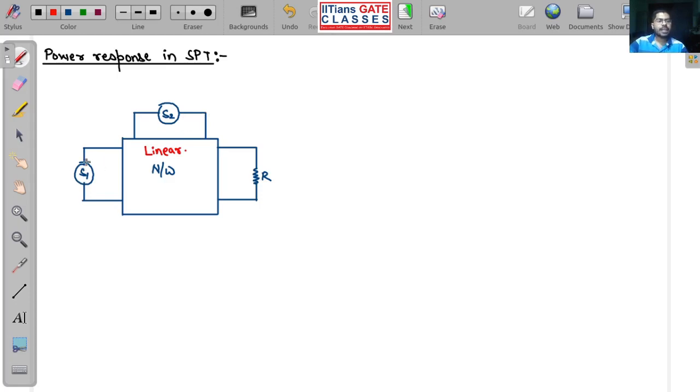Suppose due to the source S1, the current flowing here is I1, individually. Now due to the source S2, the current flows in this direction, I2, or it can be opposite to I1 also.